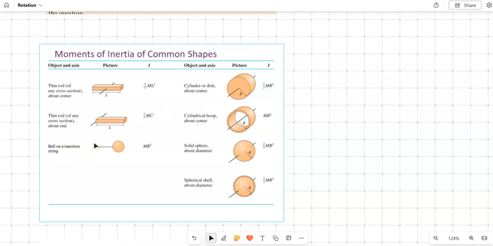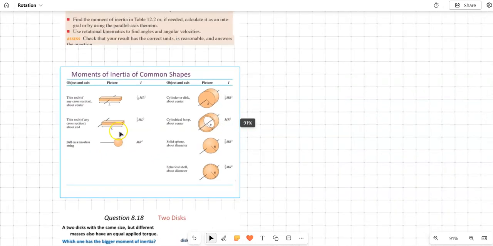So again, what we'll have to do is sum the torques, and if there are multiple objects spinning on one object, we're probably also going to have to sum the moments of inertia and then multiply that by alpha. So familiarize yourself again with the moments of inertia.